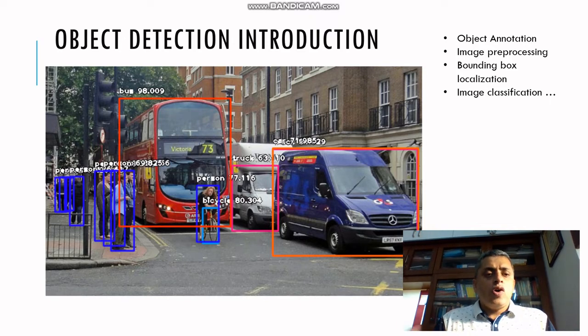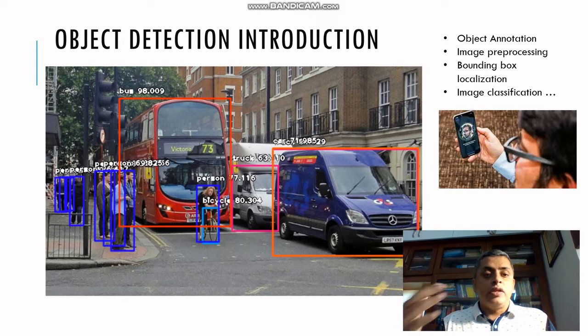Object detection is not a new concept, because you see it in your day-to-day life, for example in identifying your face in a phone, or in different applications which use object detection.